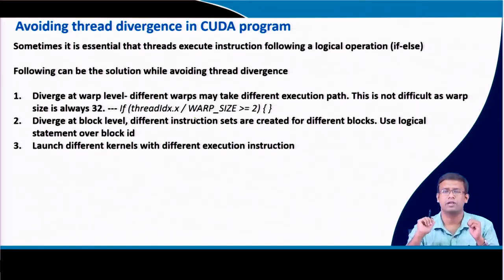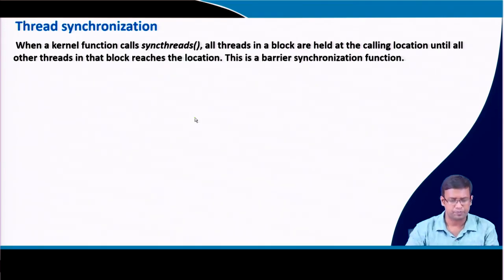So launch different kernels. By these few methods you can avoid thread divergence and improve the performance. Thread divergence kills the performance at least by the factor of the number of divergent execution paths, or if-else statements, inside the kernel function.